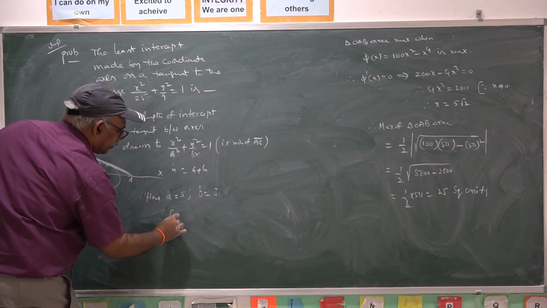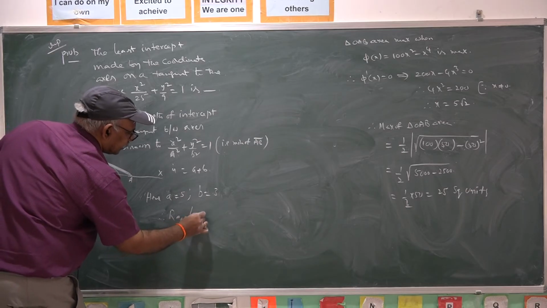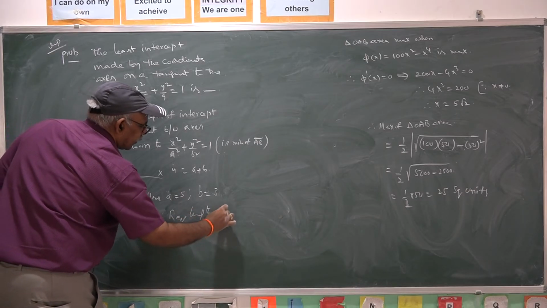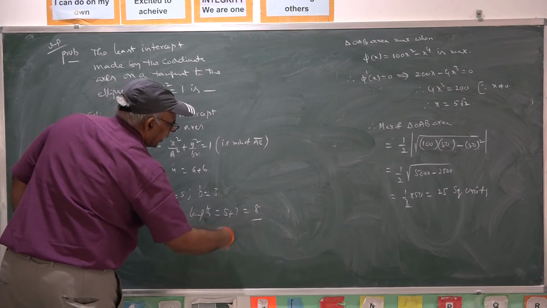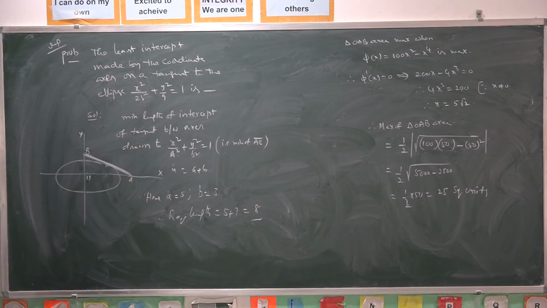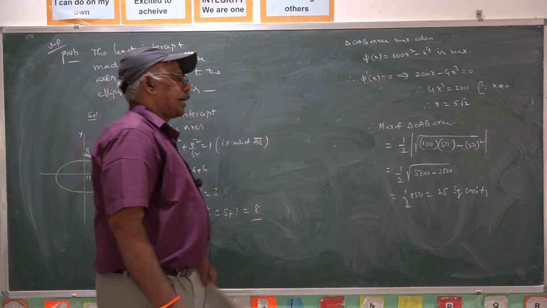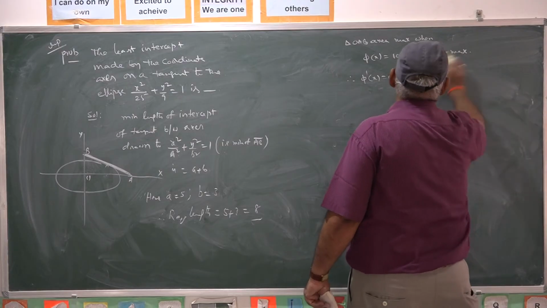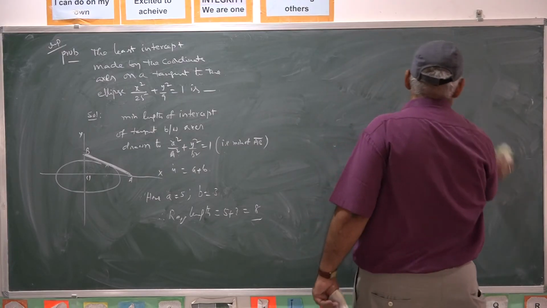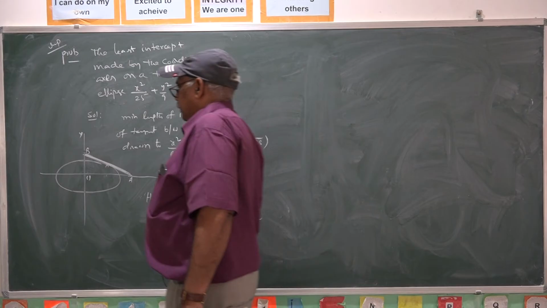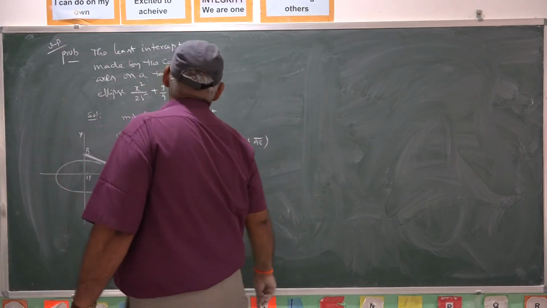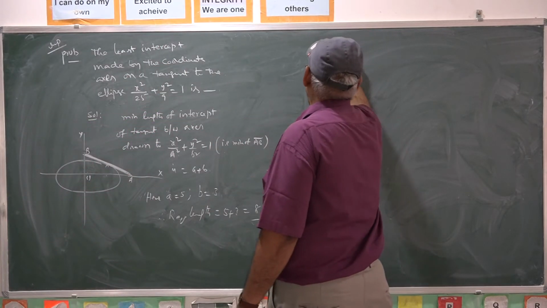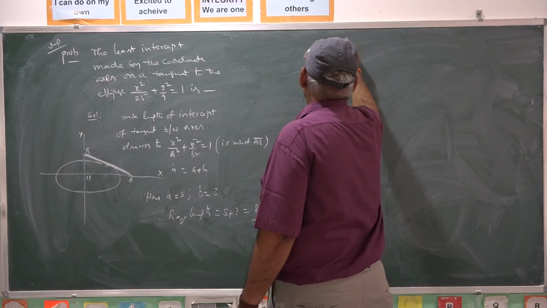So the required minimum length is 5 plus 3, 8. 8 is our answer. Once you are familiar with this formula, straight away you can pick up the answer. So these are all standard questions. Similarly, next one.